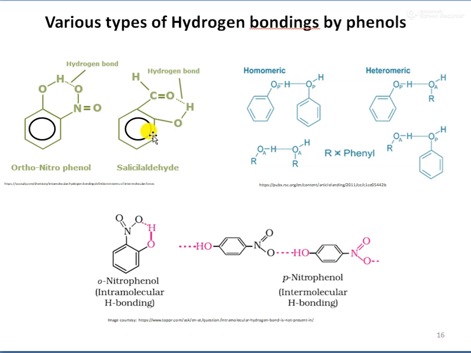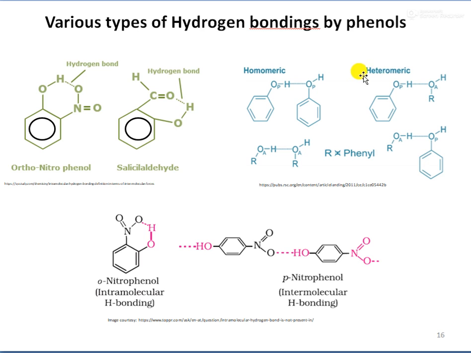In the second case of salicylaldehyde, there is an aldehydic group, that is C double bond O H, and an OH group. In this case also, intramolecular hydrogen bonding is possible between the oxygen atom of the aldehyde and the hydrogen atom of the OH group.